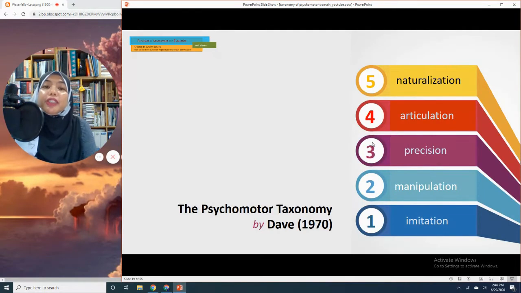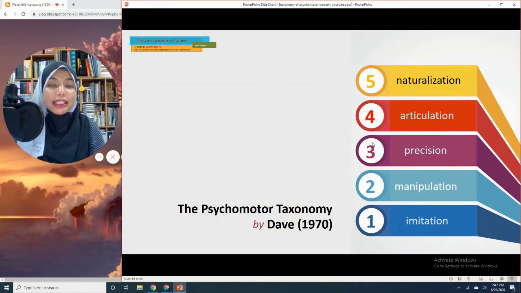Okay, so the first taxonomy that we are going to look at is the one by Dave, which I have mentioned earlier. So Dave's taxonomy has 5 stages from imitation to naturalization. I do find that knowledge of psychomotor taxonomy does, in fact, assist teachers to become better at teaching any skills in their lesson.